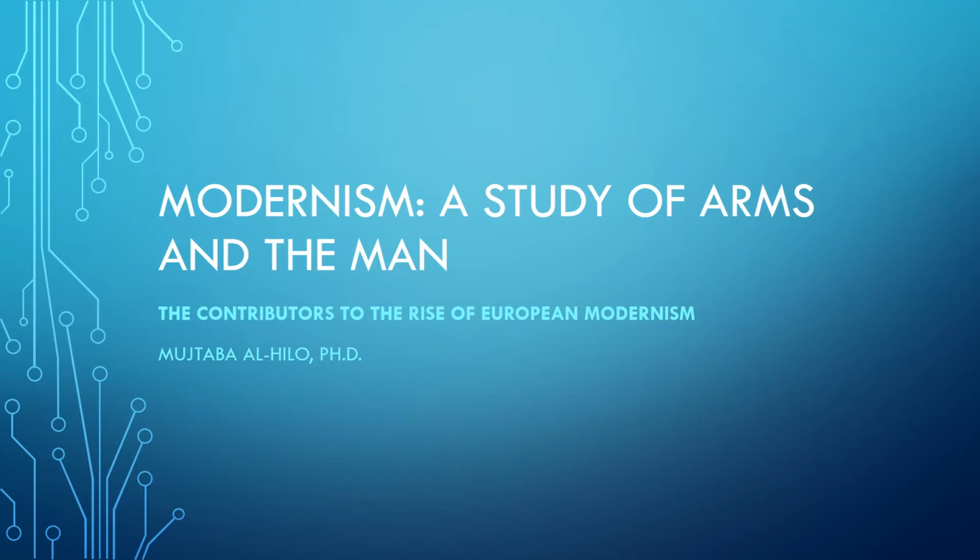So, for further readings and further understanding of this philosophy, you should go yourself and find other sources, because this course is targeting only undergraduate students who want to study Arms and the Man.